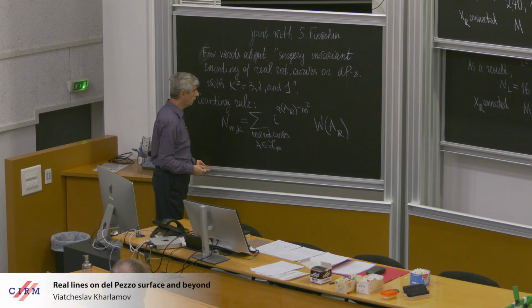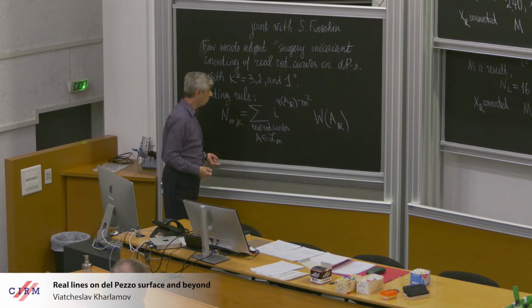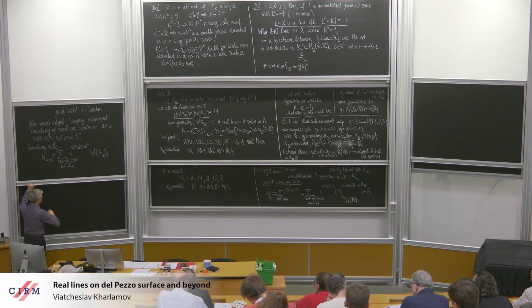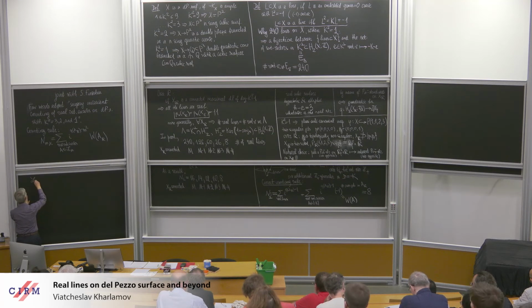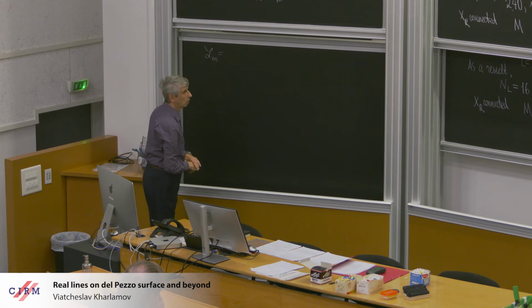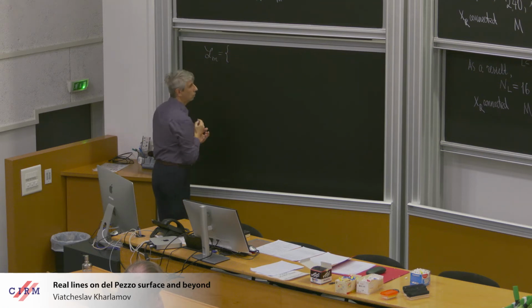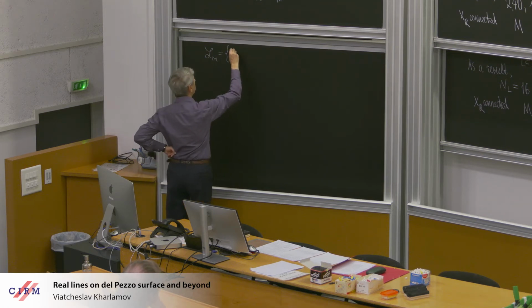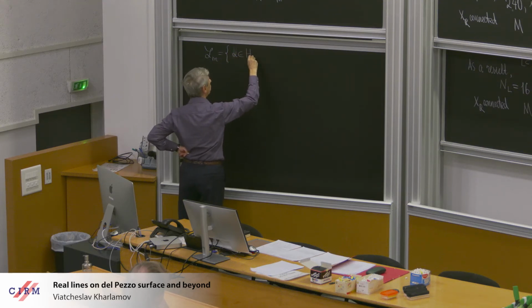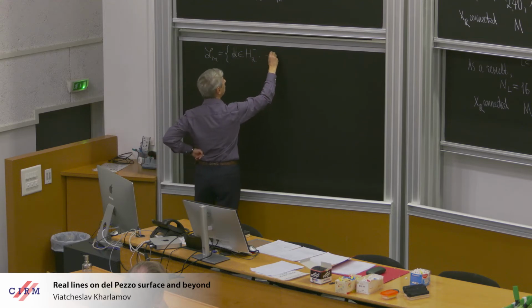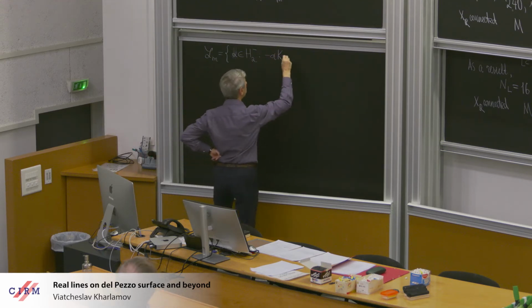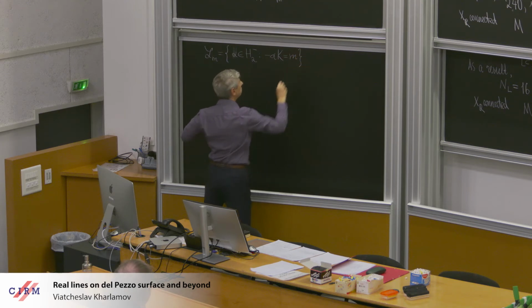So now I should explain. What is Lm? I have already explained. Lm is just all classes in H2 given by intersection with the anti-canonical class.